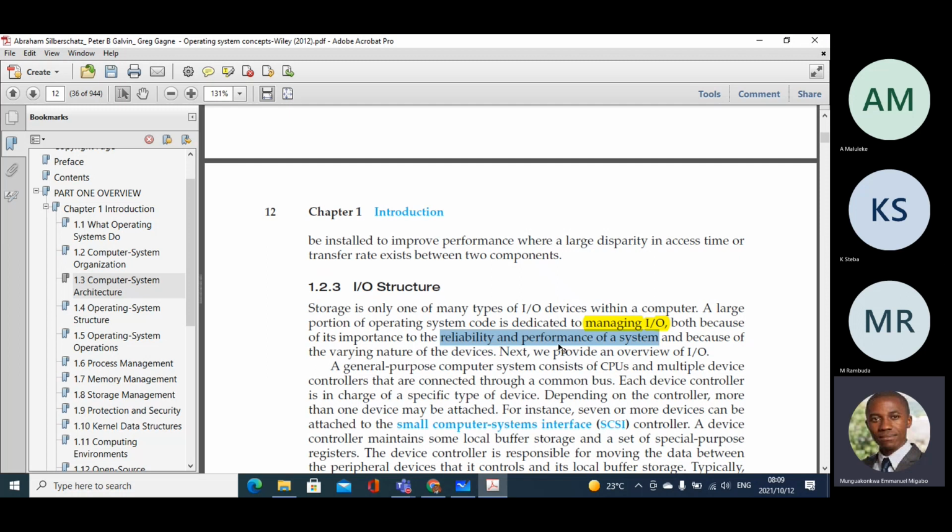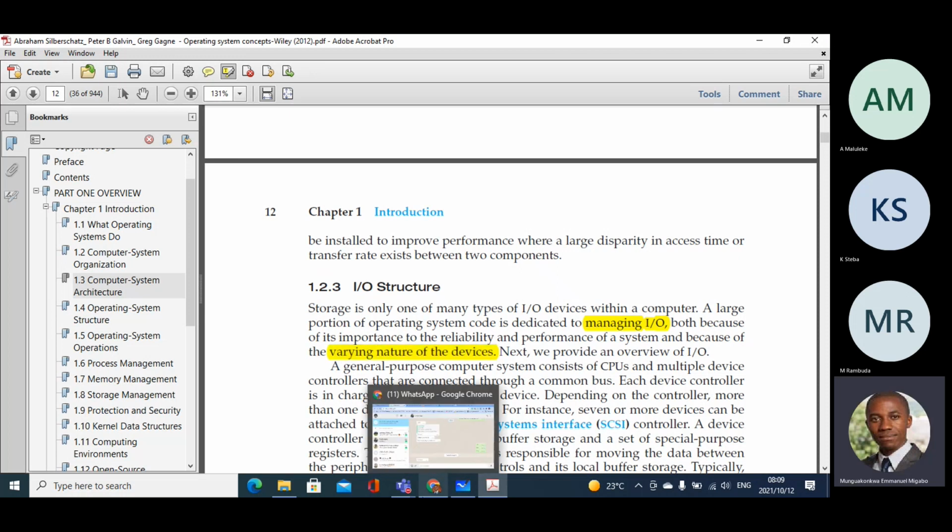But the second reason is equally as important, because of the varying nature of devices. Input and output devices, although they are standardized in terms of the communication methods they use to interact with the computer system, are varying in nature and are from many manufacturers.